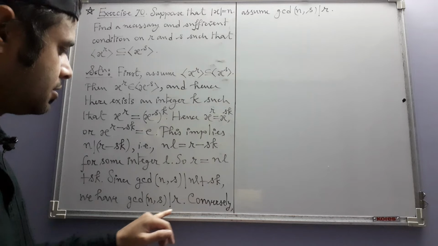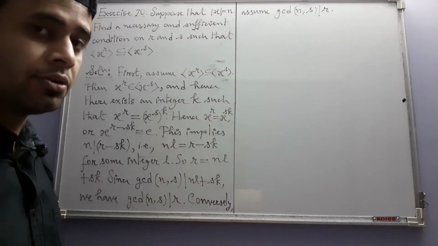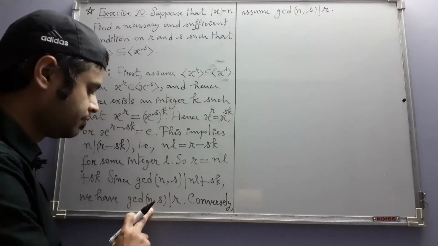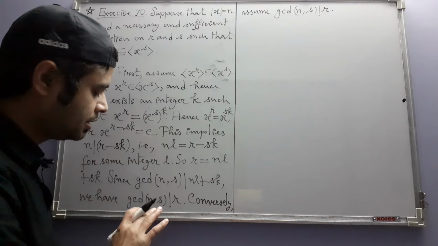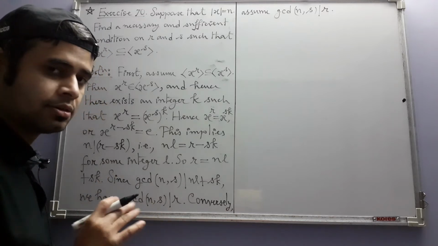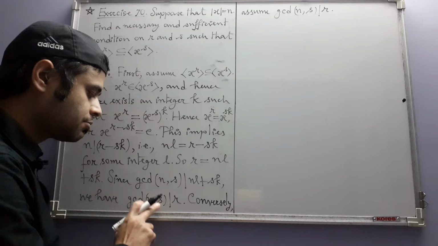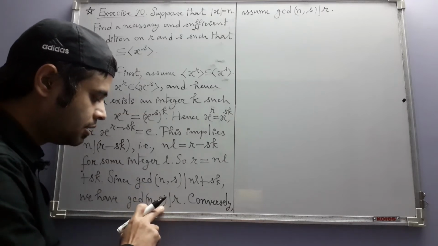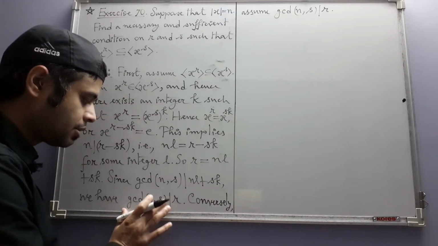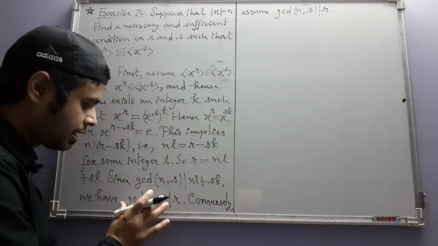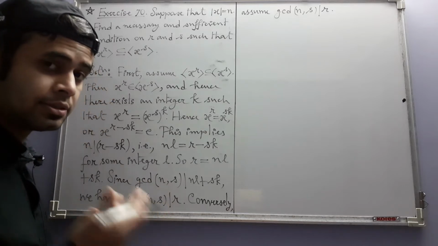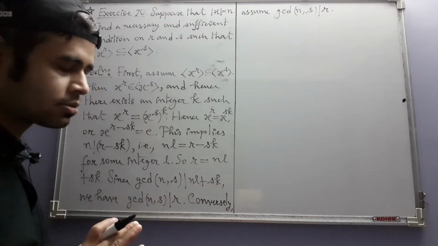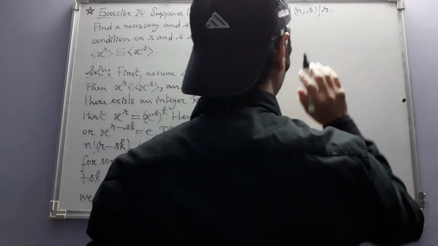Actually we do not in fact need positivity of n, but we only need its non-zeroness. One of these two integers being non-zero is enough for the GCD of n and s to exist. If both n and s were 0, then of course GCD does not exist. So that problem is not there.